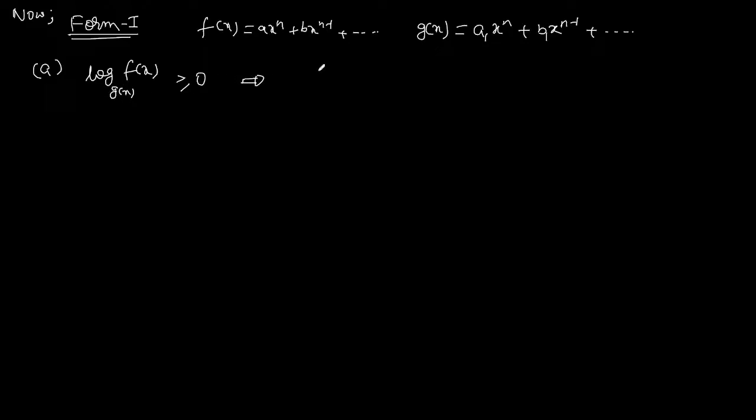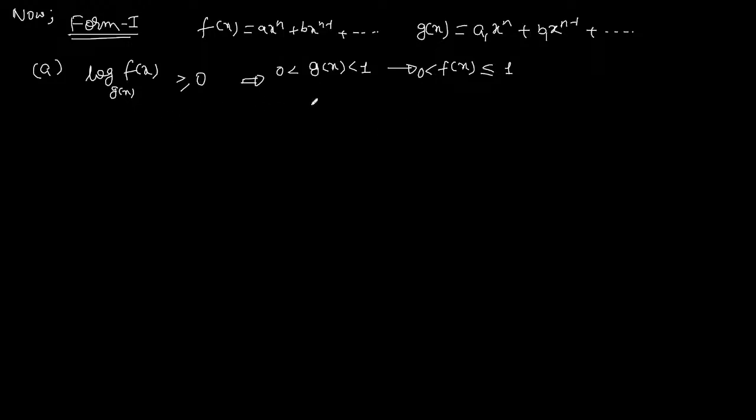First we'll take the condition: if g(x) is between 0 and 1, for this we will have f(x) less than or equal to 1, since the inequality reverses, and g(x) is bigger than 0.